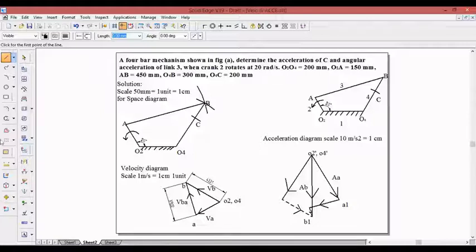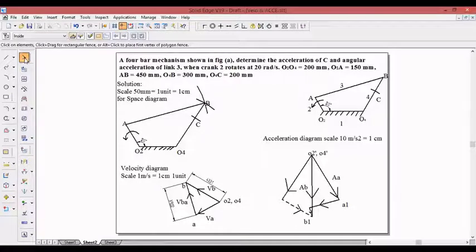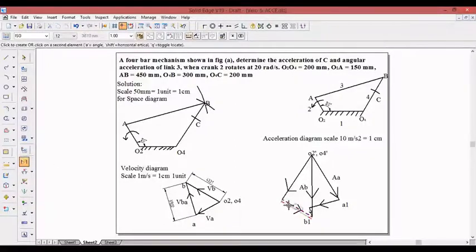Now let us go for the measurement of these lines. This is the radial component of B, and this is the tangential component of B. If you take the measurement of the tangential component of B, we are getting 3.8 centimeters.